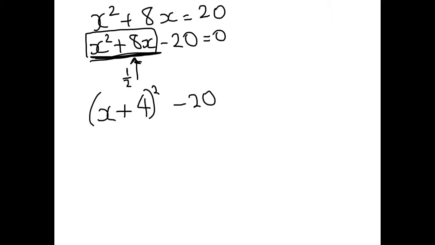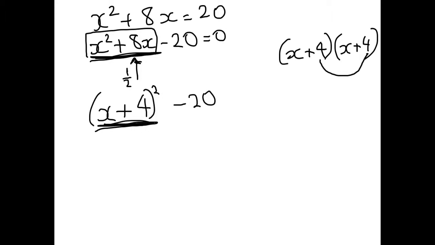And now I need to make a little adjustment, because by putting in x plus 4 squared, I have added in an extra 16 to the left hand side of the equation, because 4 times 4 gives me an extra 16. If I expand out that squared expression, x squared plus 8x plus 16, this is the extra bit.